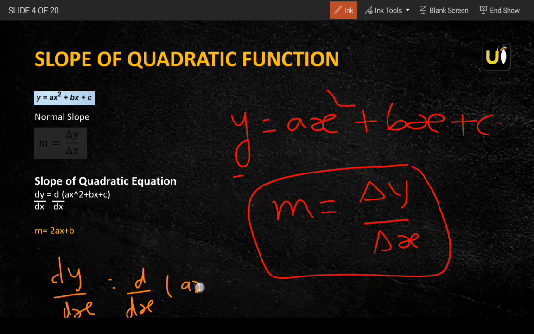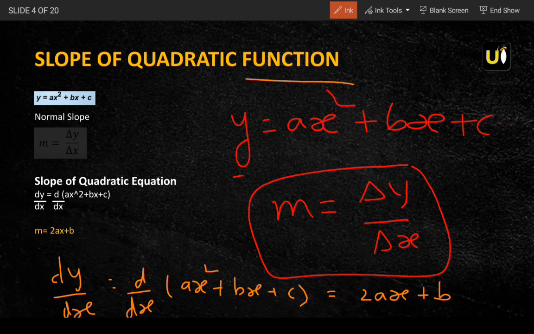Suppose we are given a point (2, 2). Then the slope will be 2a into 2 plus b. To find the slope at a given point, you substitute the x value in the slope equation.